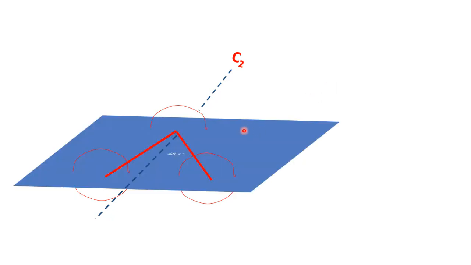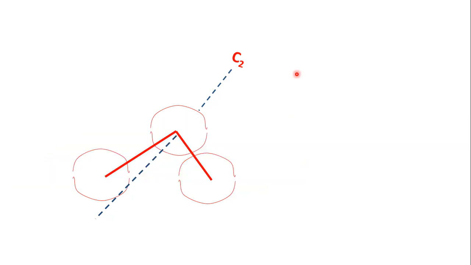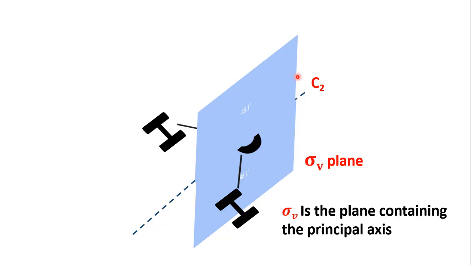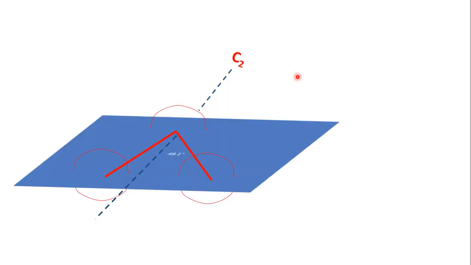Now you look at this plane and look at the principal axis. Once again, the plane contains the principal axis, and so this is also a vertical plane of symmetry. Since we have two vertical planes of symmetry, one is this and the other is this. This you call the sigma v plane and this you call the sigma v dash plane.